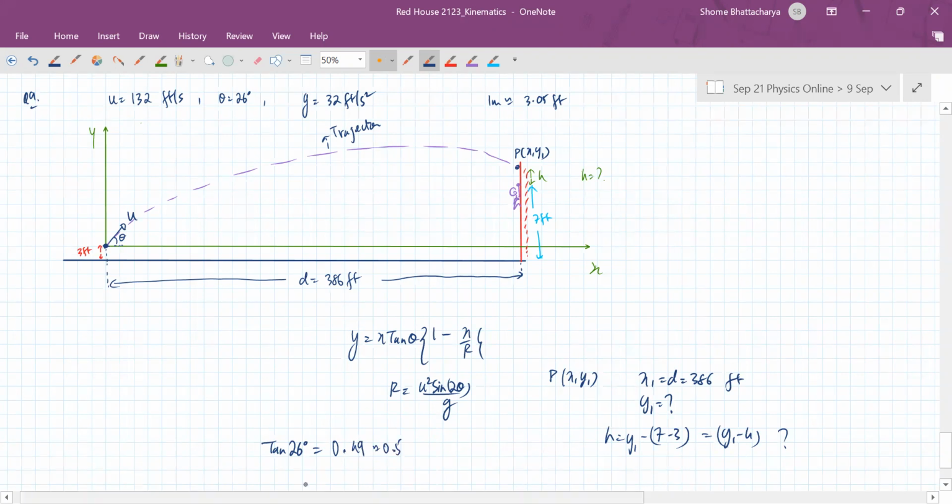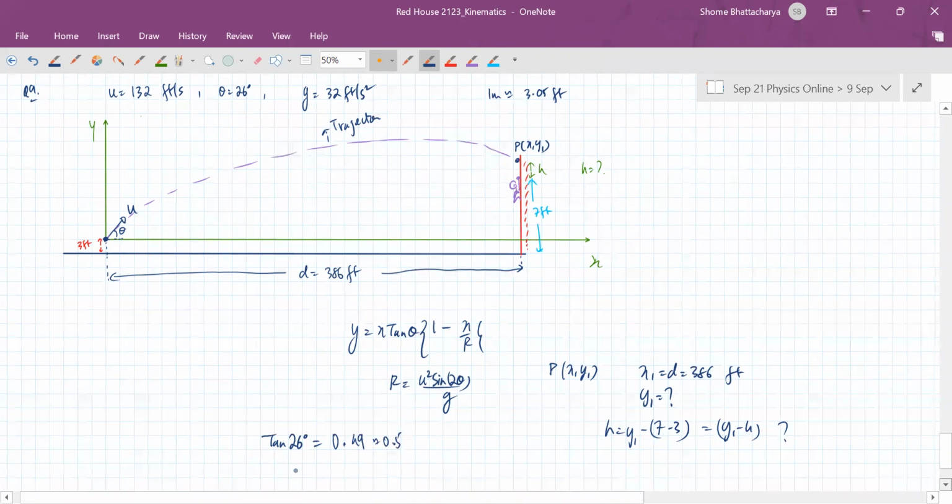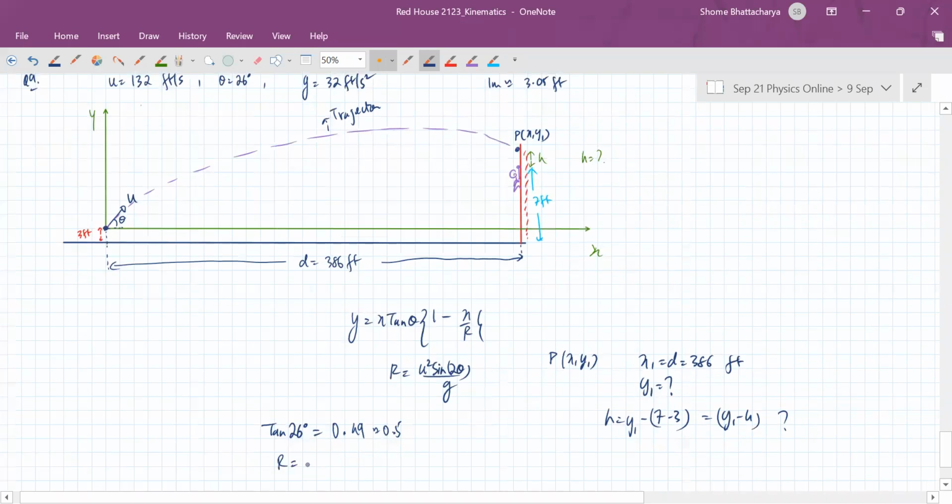Then this R, so sine 52 will again be very close to sine 53.